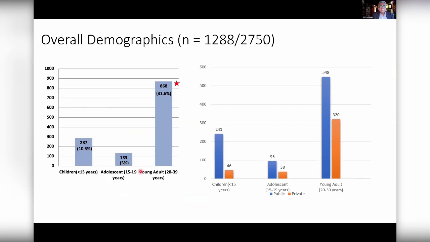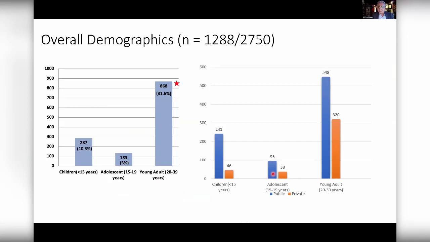The overall demographics suggest that young adults, 20 to 39 years of age, are getting about 32% of them. The brain tumor patients, 32% of them were younger adults.